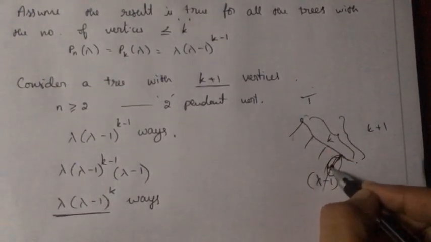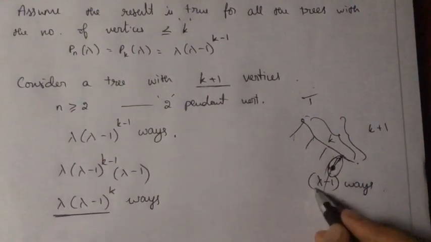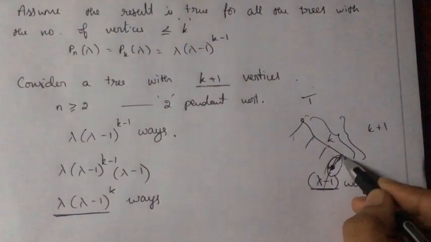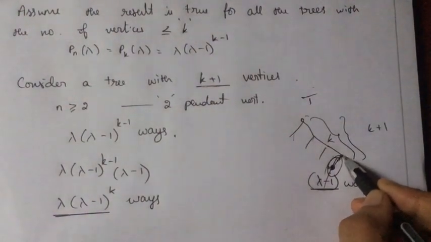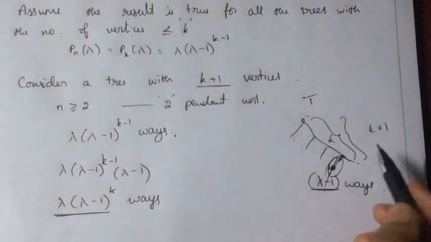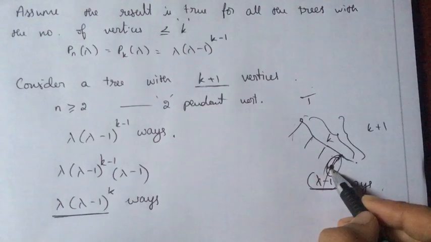Now this one particular pendant vertex, I can color in lambda minus 1 ways, because I cannot color it with the same color given to the vertex it attaches to. I have used lambda colors, and one color is already used there, which cannot be given to this vertex.